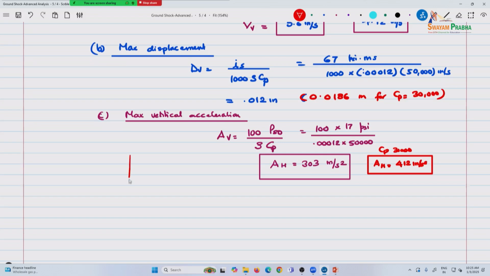So if your structure is a multi-story structure and you have foundations, then you will be performing a seismic type analysis. Say this is your multi-story structure or whatever building you have.